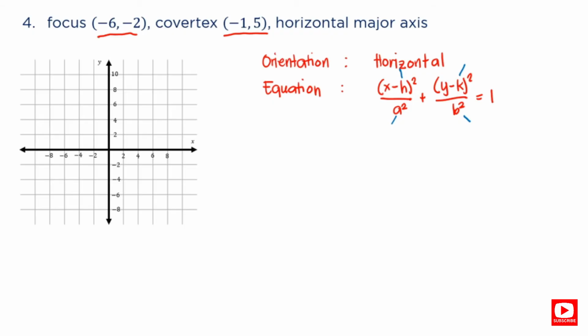Suppose this is our Cartesian plane. The focus is -6, -2. It is located here. This is our focus, -6, -2. And the co-vertex is -1, 5, so it is located here.